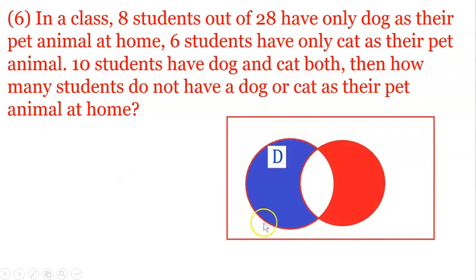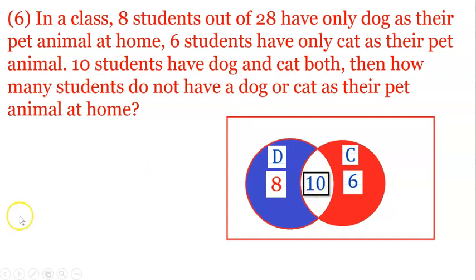Now see this here. These are the number of the students who have the dog as a pet animal, as 8. Next, cat किती आहेत तर ते 6 आहेत. 10 students have dog and cat both. ते 10 student आपण इथे घेतले आणि या सगळ्यांची टोटल करणार इथे.